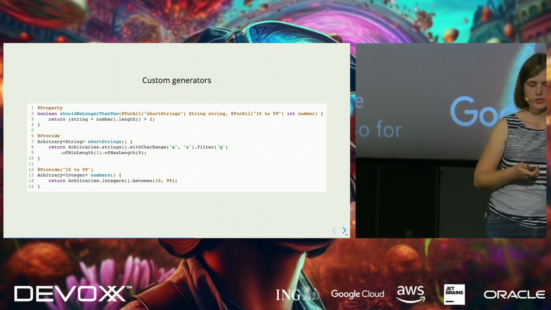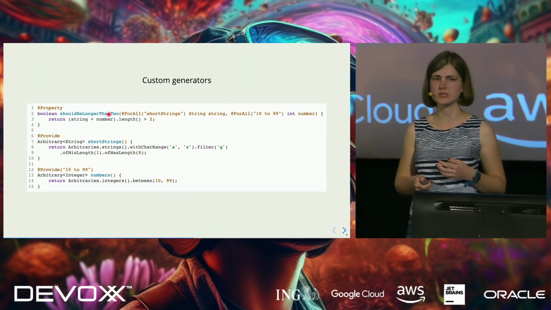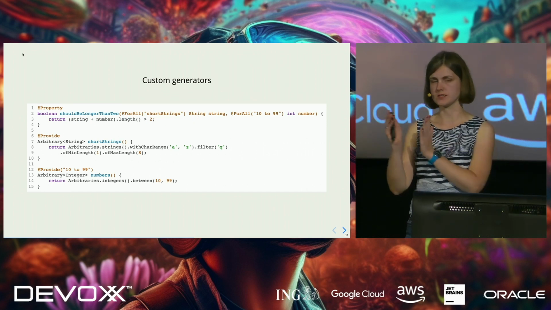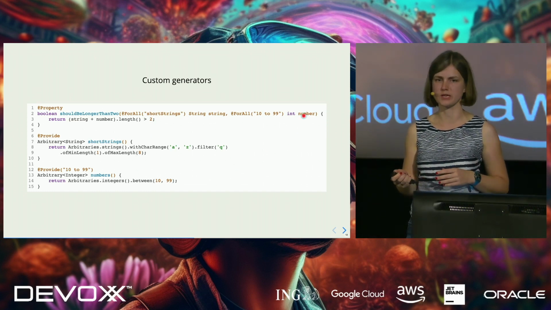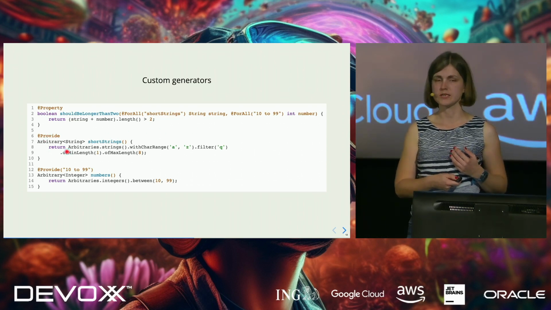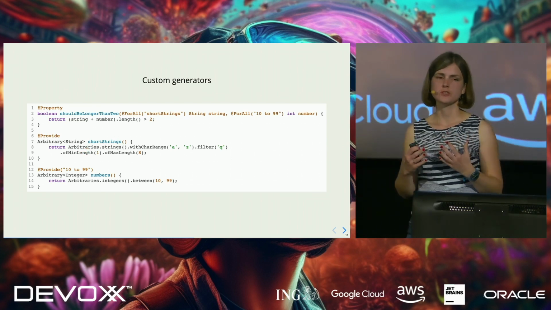So for example, here in jQuick, if we need to work with a property that works on some kind of strings, but not all strings, just a subset of strings, and a subset of numbers, then the way we do it in jQuick is we provide a method which returns an arbitrary. This is a generator in the world of jQuick, which provides an arbitrary of string based on the built-in features of jQuick.